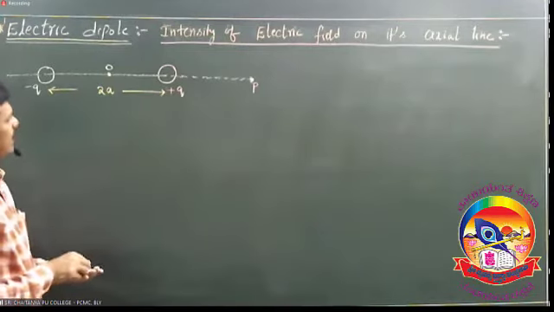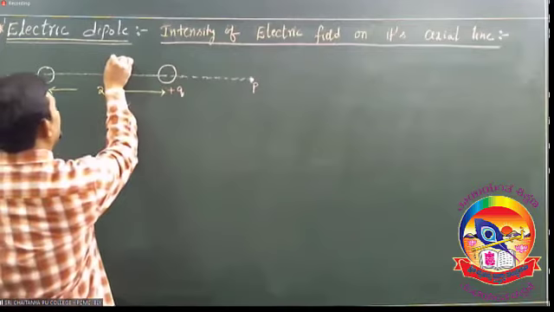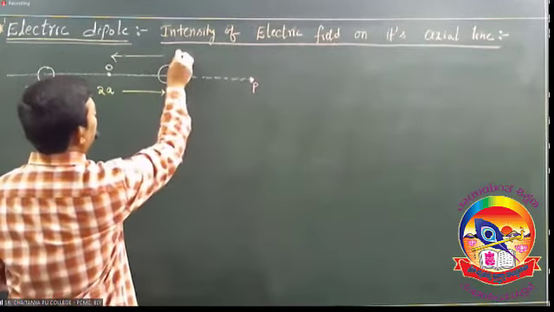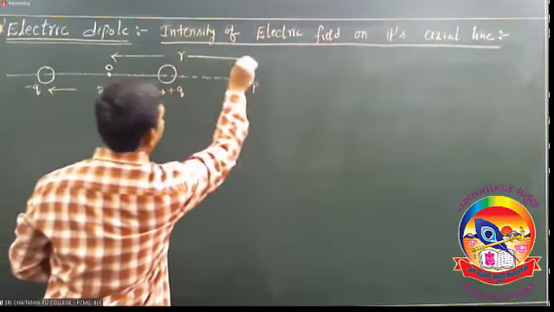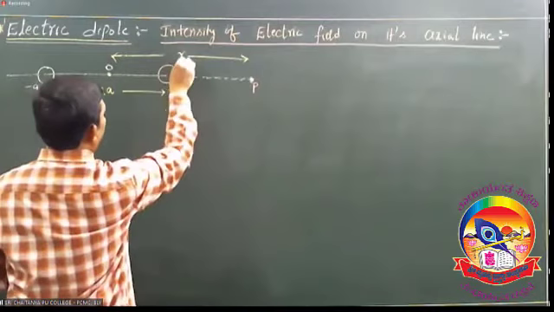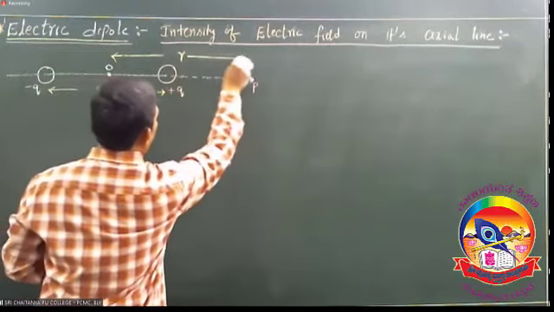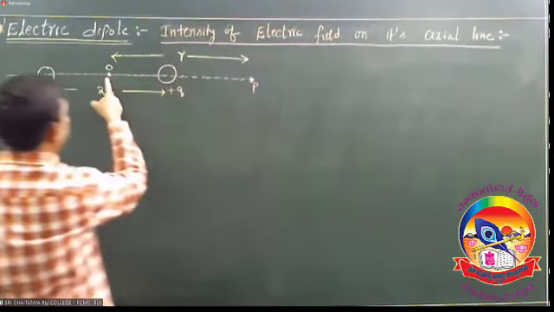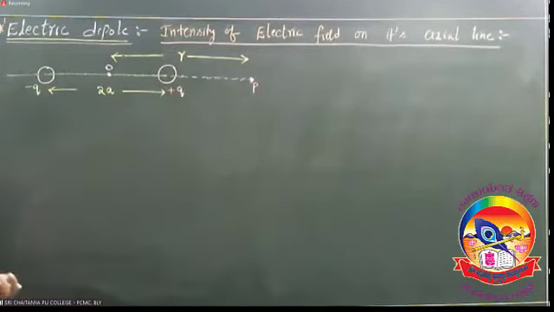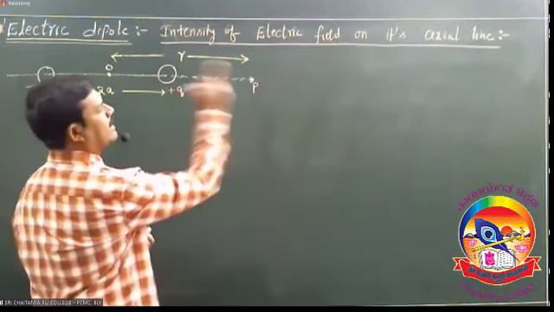So from the center, at what distance is it? From this center, let this point P be at a distance R, right? Okay. Now what is the intensity at this point?